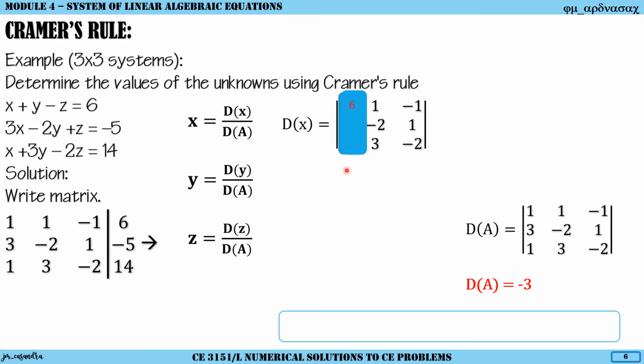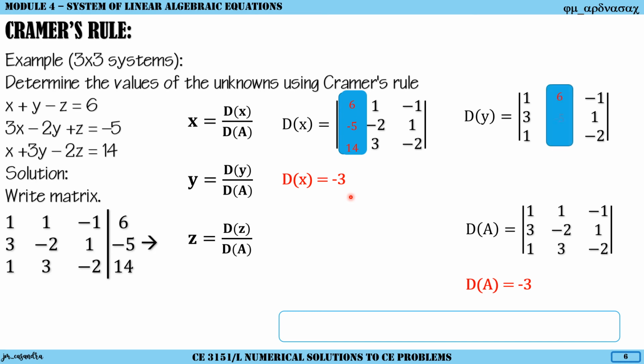That will be 6, negative 5, and 14. Solving, the determinant for x is equal to negative 3. And then for y, we will change the y column with the column of constants: 6, negative 5, 14.